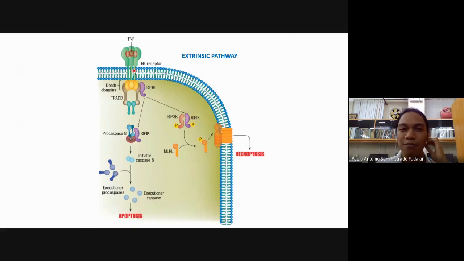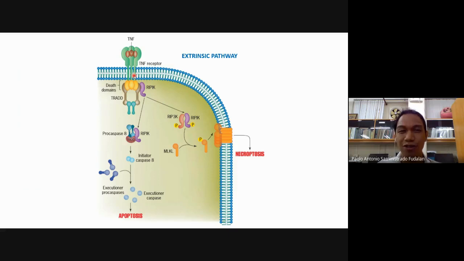So in terms of its molecular biology, how does apoptosis happen? Here we see two paths. One leads to necroptosis. So let's start with necroptosis. In necroptosis, this cell is injured because of an accident.